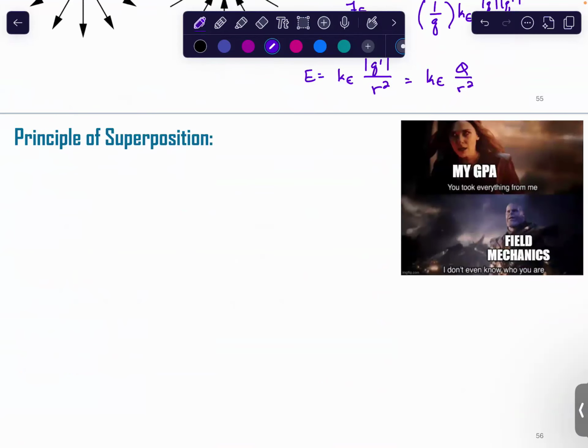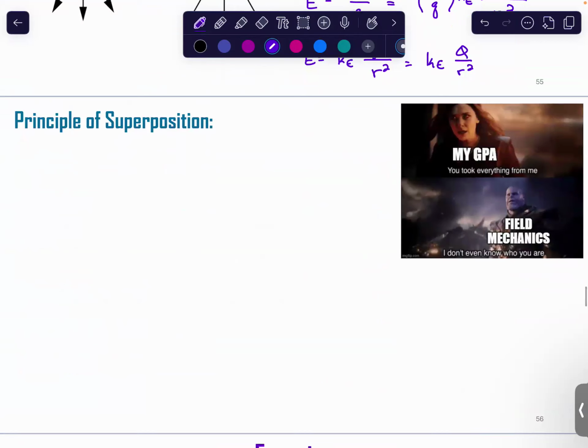This is something we're going to be using quite a bit. We kind of use it on forces. I guess you could say it applies more to electric field because we're trying to figure out the field at a specific point. But it's the same mechanism for forces and for fields. It's called superposition.